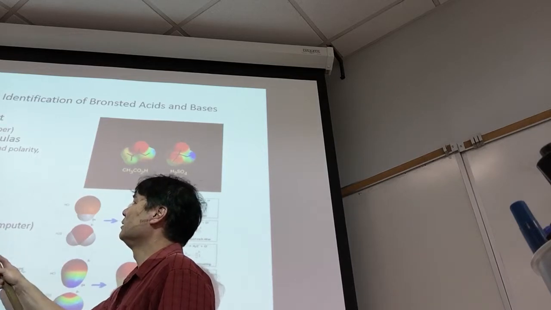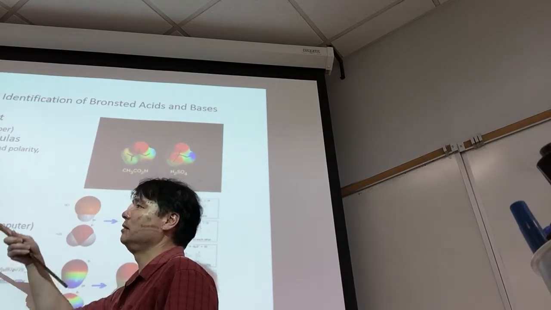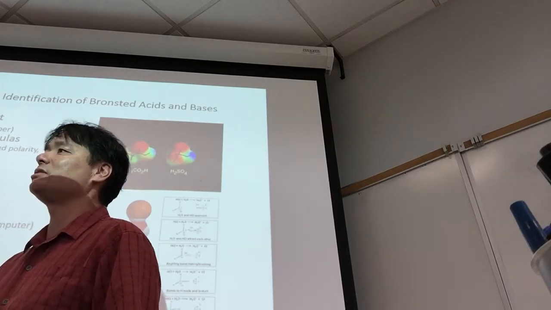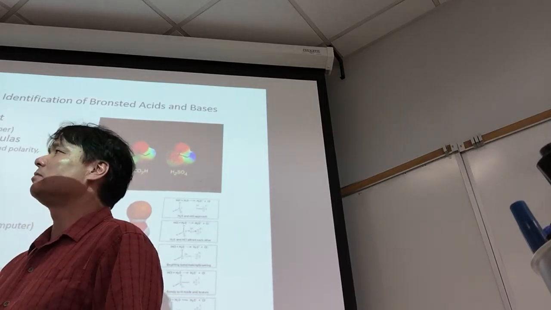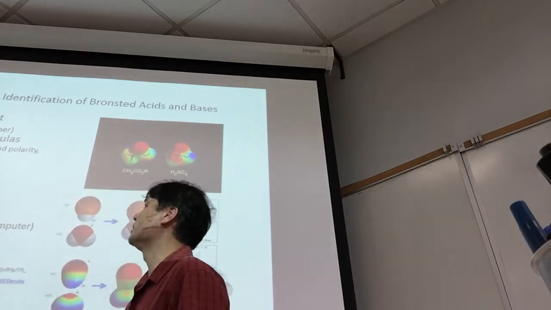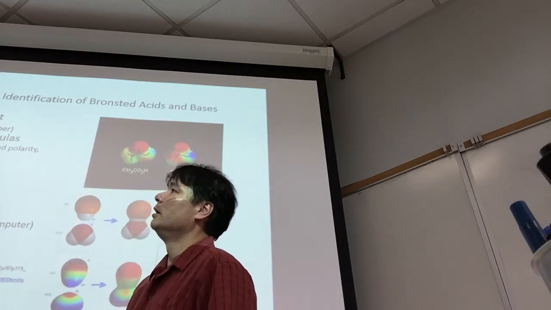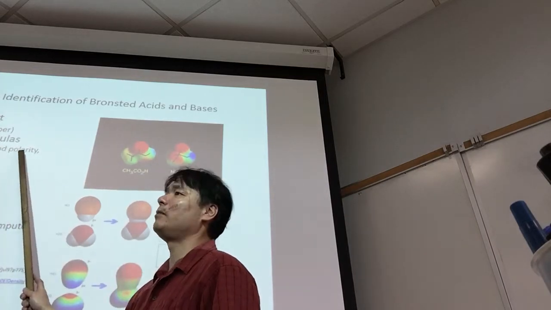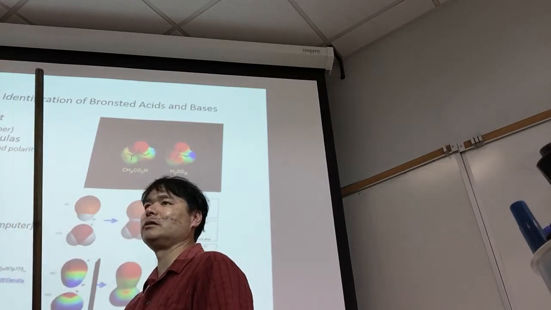How strong is the bond? This is right. HI is the strongest acid. HI has the weakest bond. This is why HCl is a much weaker acid, because it has a stronger bond. And then when you see oxo acids there, all the oxo acids have the same bond strength because they all have an H-O bond.